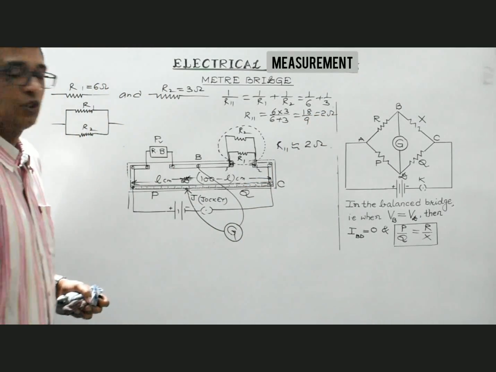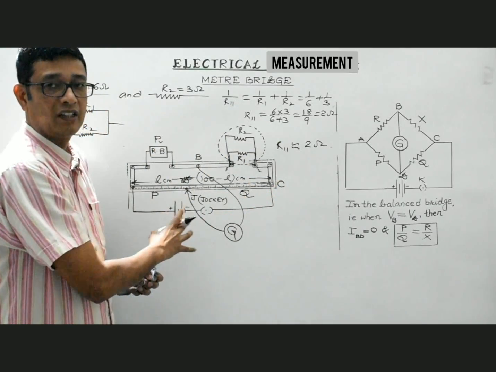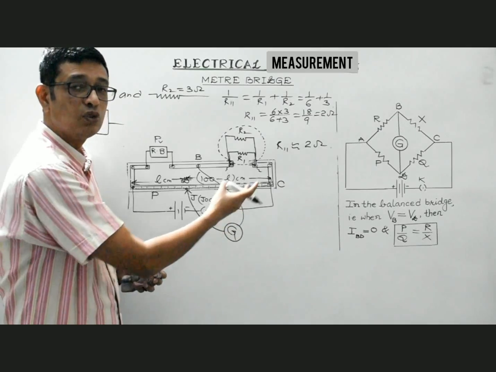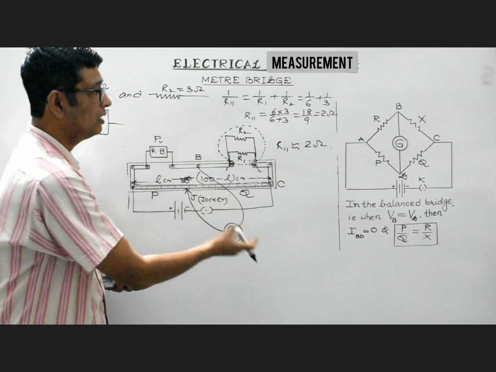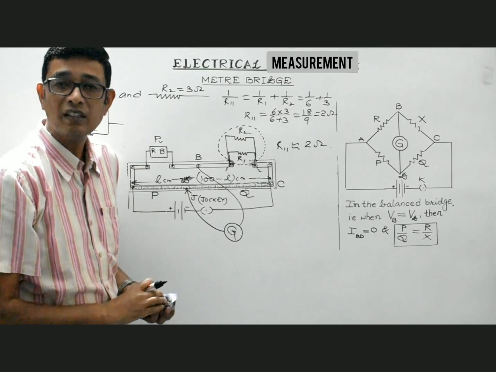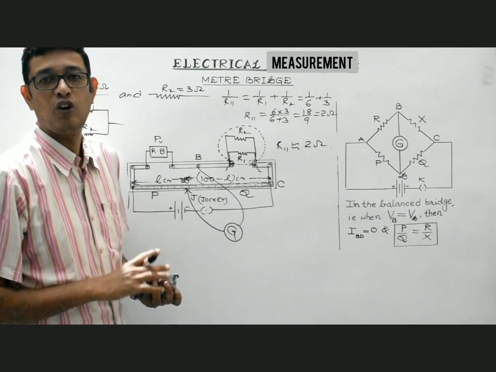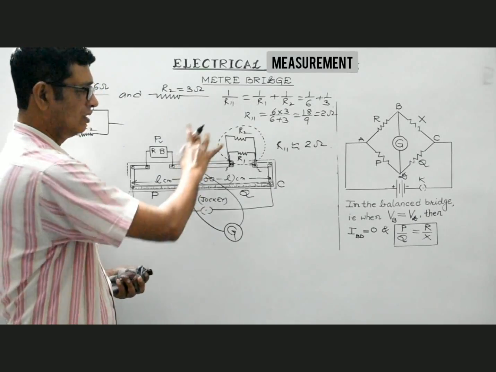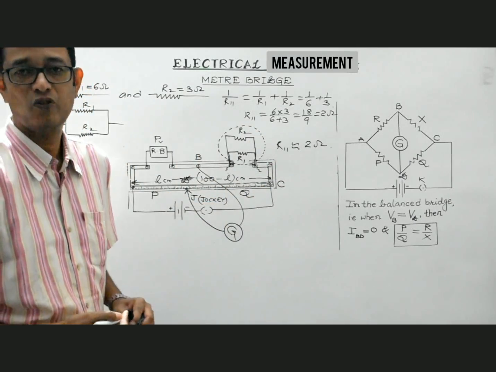So while performing the experiment, the result obtained would be more or less equal to 2 ohm in this case, which will be in agreement with the mathematically obtained value using the parallel law of combination of resistances. So students, method is same, right?